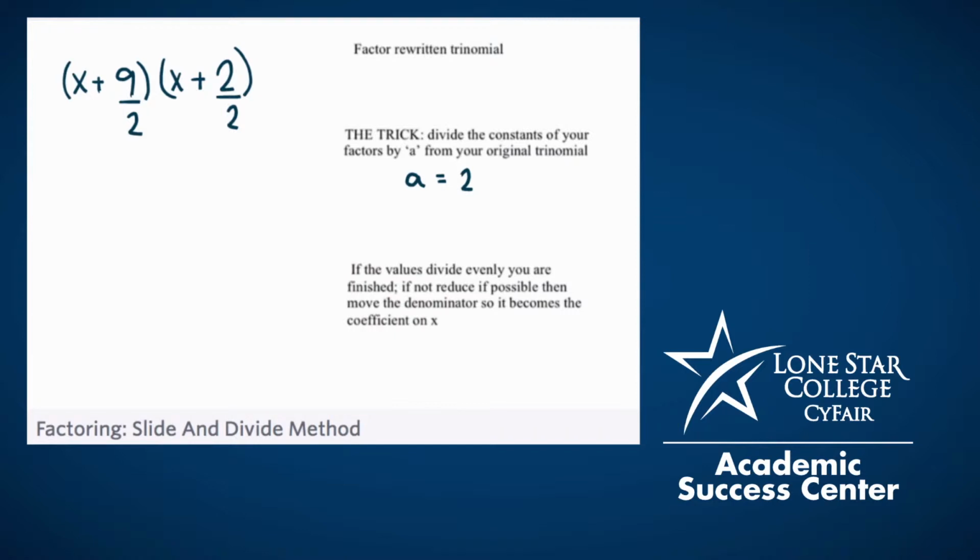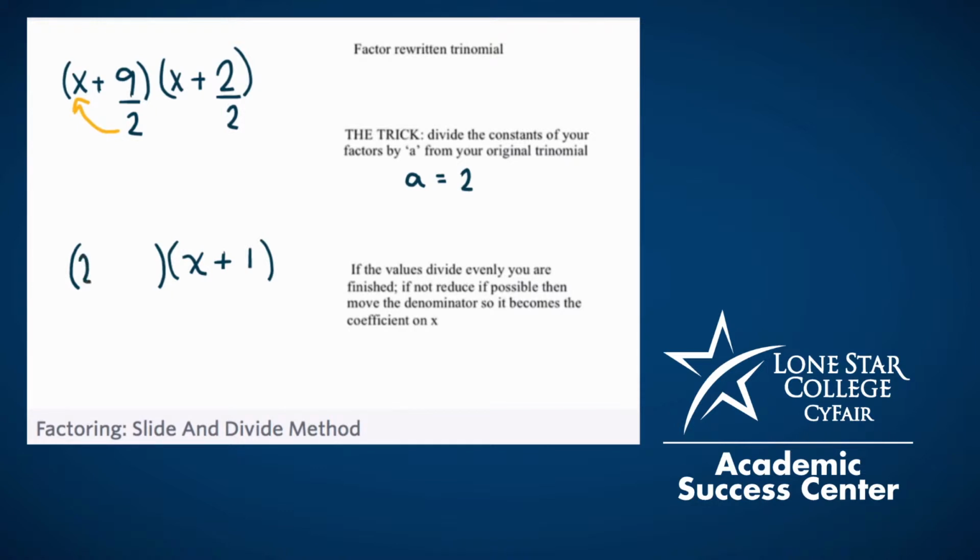So in the second factor, we see that we have 2 over 2 as a fraction. And that fraction does divide evenly to become 1. So we can create the factor x plus 1, and we're done with that factor. But if we notice the fraction 9 divided by 2, it doesn't divide evenly. So we'll have to work a little bit to simplify this particular factor. 9 divided by 2 does not reduce as a fraction, and it does not divide evenly. So what we'll have to do is move that 2 from the denominator, and it will become the coefficient on x in our factor.